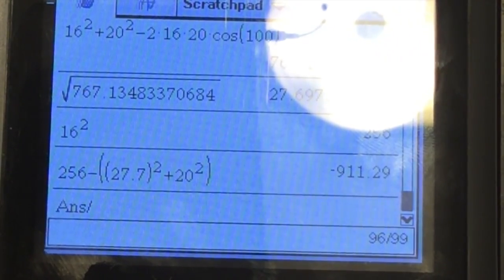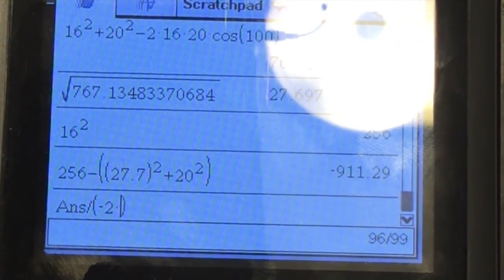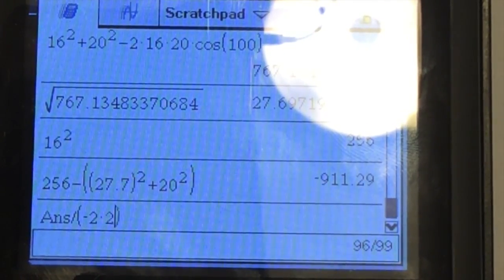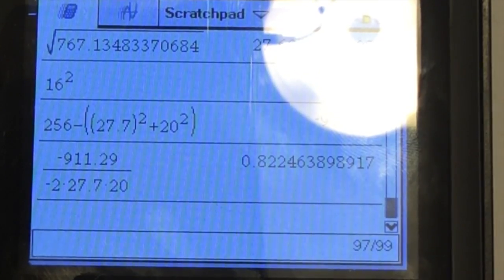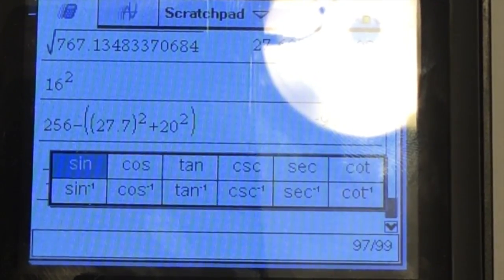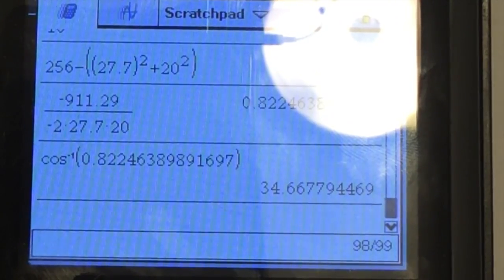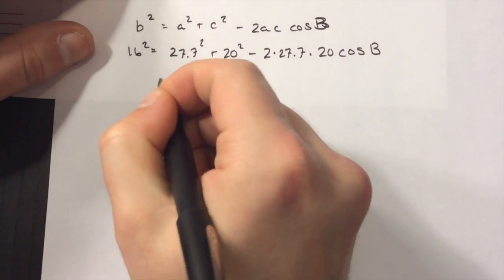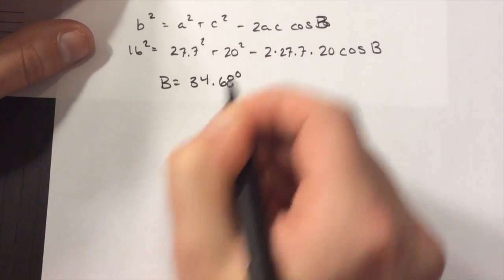Answer divided by parentheses -2 times 27.7 times 20. Now I want the inverse cosine of that, so I'll go to inverse cosine of that answer, hit enter, and I get 34.68 degrees. Let's zoom back out. B equals 34.68 degrees.